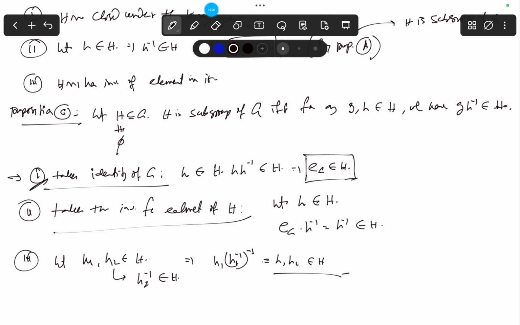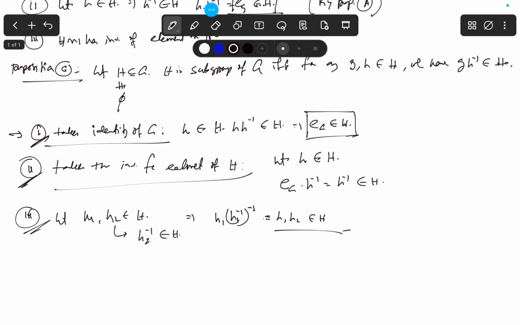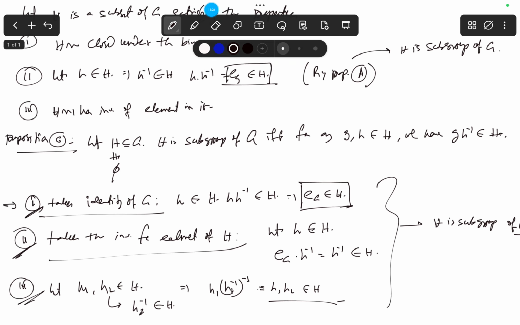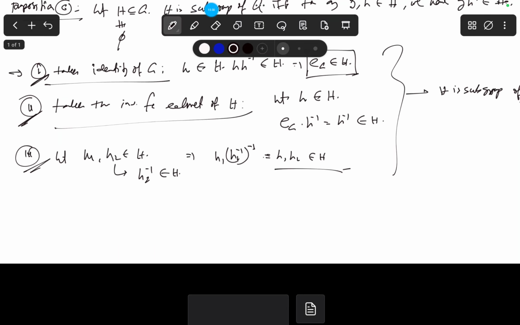Secondly, the existence of inverse for each element of the subset is being satisfied. And thirdly, closure under the binary operation is also being satisfied. So that's why we have that H is a subgroup of G.